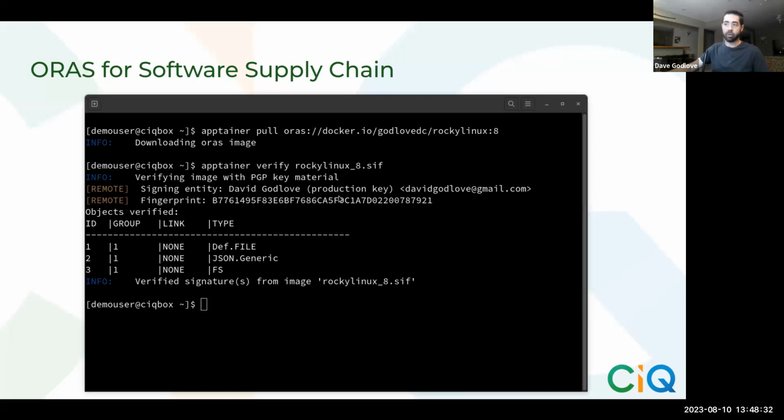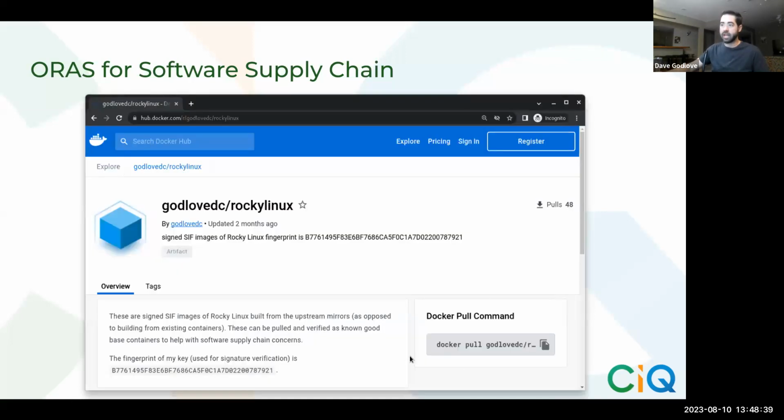If you check this fingerprint and the fingerprint matches. Now, why does that matter? Well, going back to this container, what if somebody is able to steal my credentials, and they're able to replace this Rocky Linux container with one that contains some malicious code?